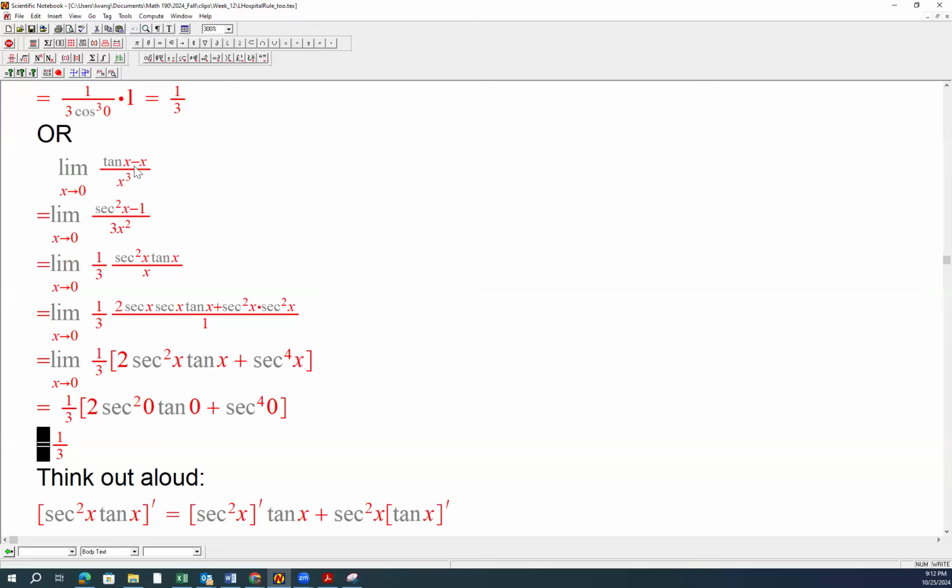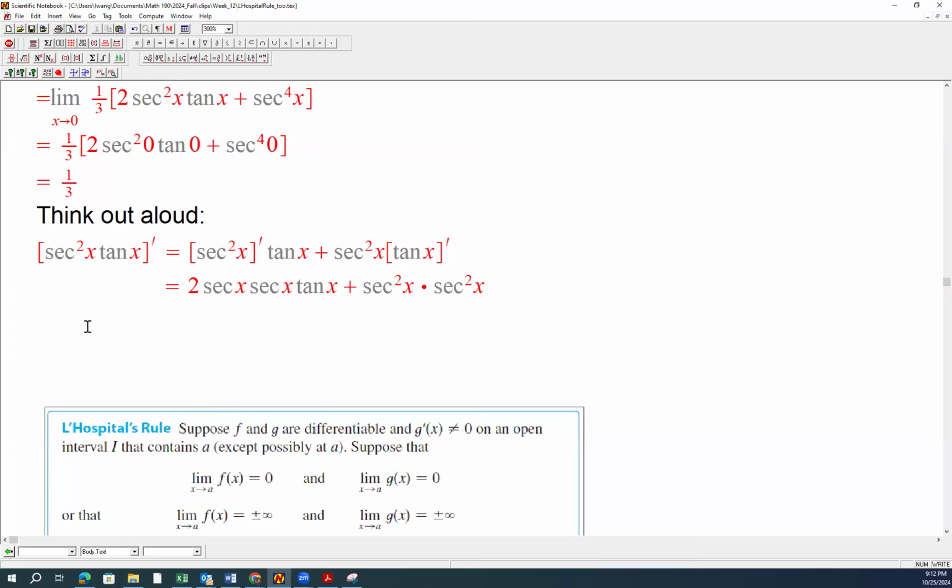Either way, you can do it either way. However, how many times did we use L'Hopital's rule? Once, twice, 3 times. After we've done the third time, we can no longer use it, because the denominator was 1. 1 does not approach 0 and does not approach infinity, so L'Hopital's rule does not apply.